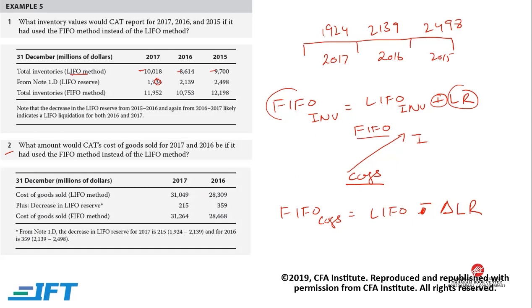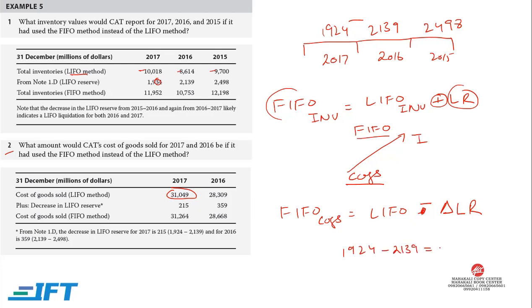In the first case, cost of goods sold under the LIFO method is 31049, and our change in LIFO reserve is 1924 minus 2139, that is approximately minus 215.